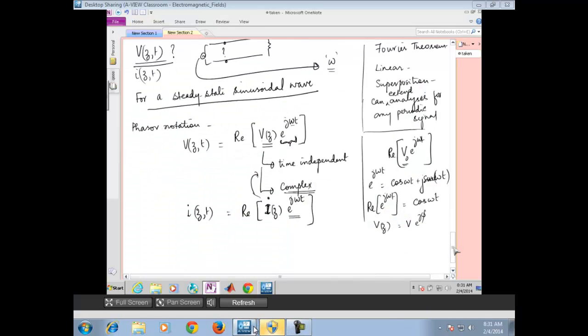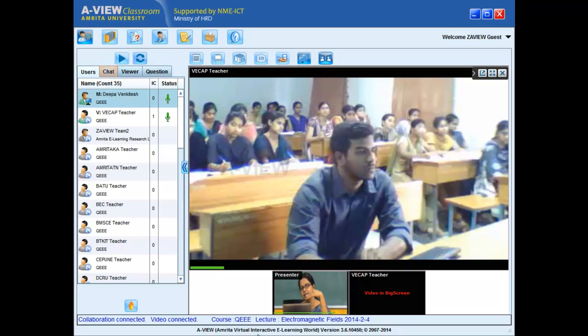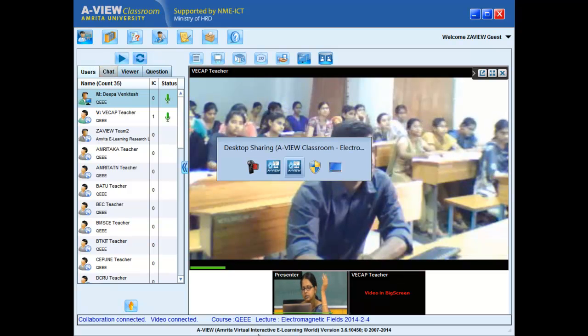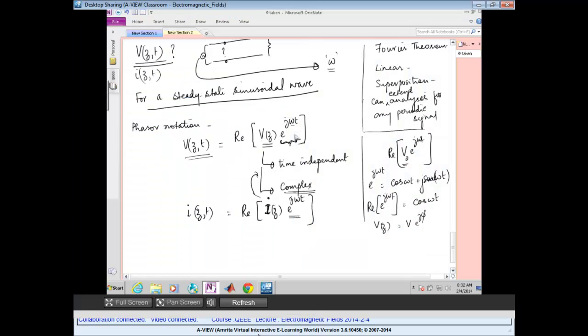The way to do phasor analysis is, when you do the analysis, you would ignore this, you would not pick up the real part. You would say that the voltage is actually Vz e power j omega t, do the complete analysis, and in the end you say my actual voltage is the real part of the complex number. That's the advantage of doing phasor analysis.